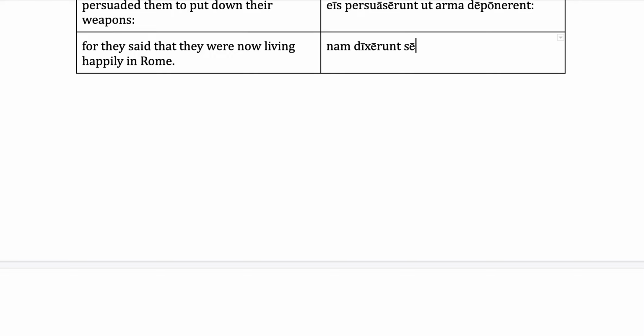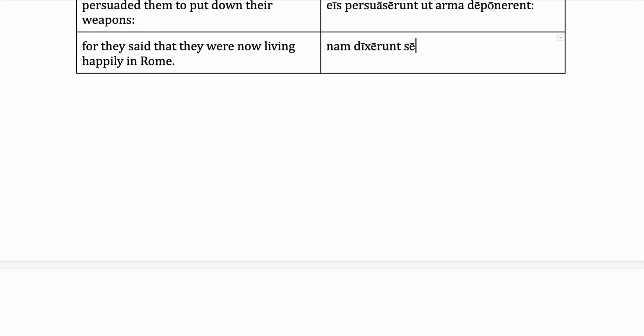Now you could use eas, the pronoun is is, ea, id, but that would refer to someone else, right? That would mean the women said that they, some other group of women, were now living happily. But in this case, the women are referring to themselves, right? They said that they themselves were now living happily. So therefore you use the reflexive pronoun. They said that they, se, were now, right?